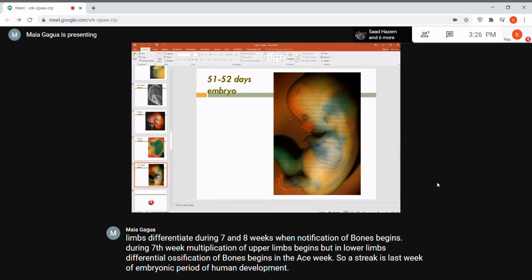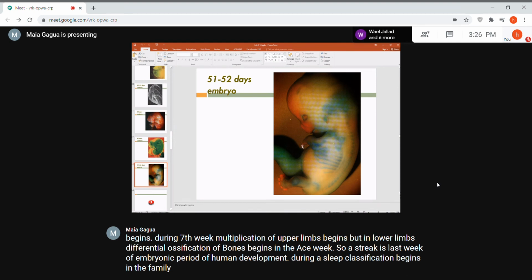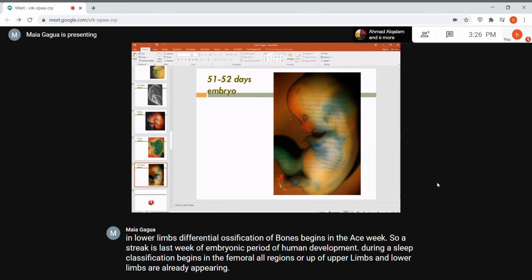During eighth week, ossification begins in the femora. All regions of upper limbs and lower limbs are already apparent. Fingers and toes are separated.